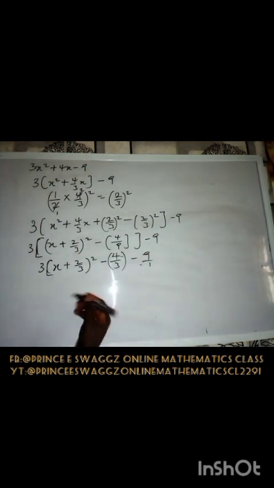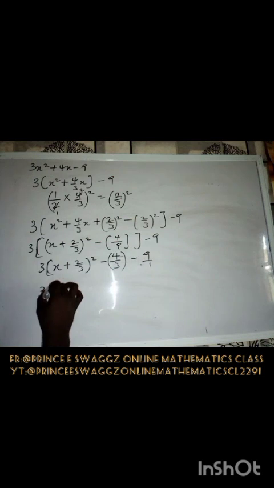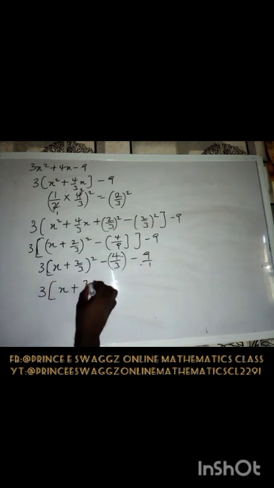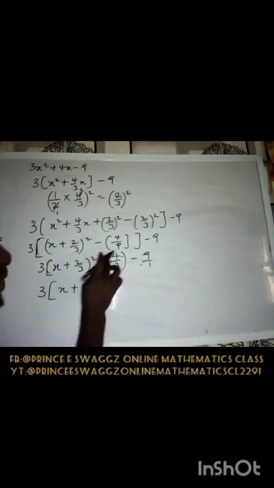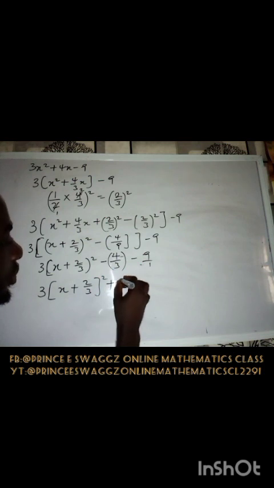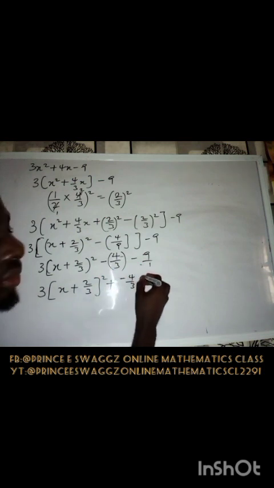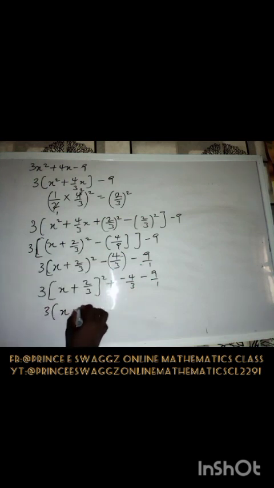So the same thing, I have 3 into x plus 2 over 3 all squared, minus 4 over 3 minus 9 over 1.